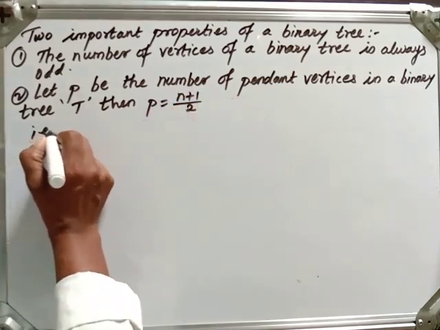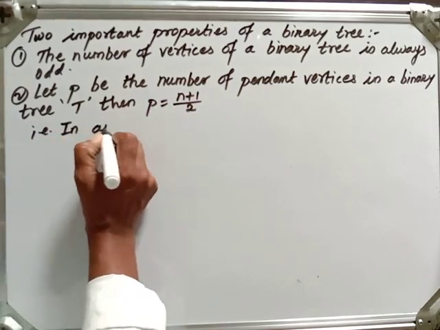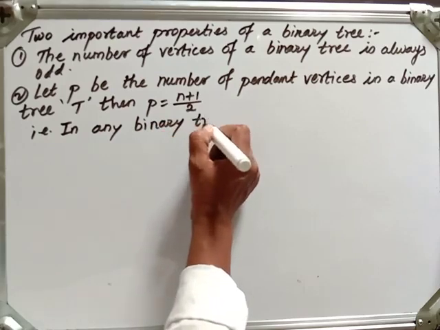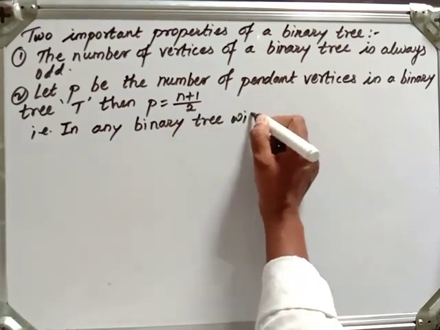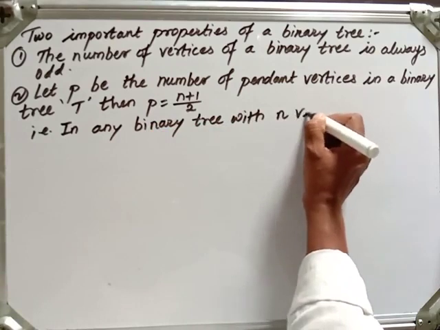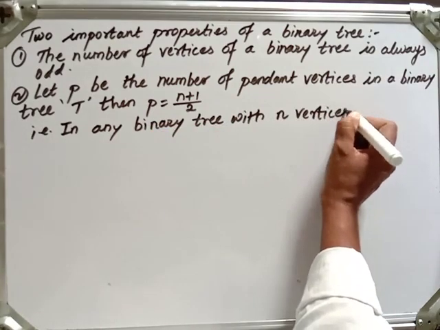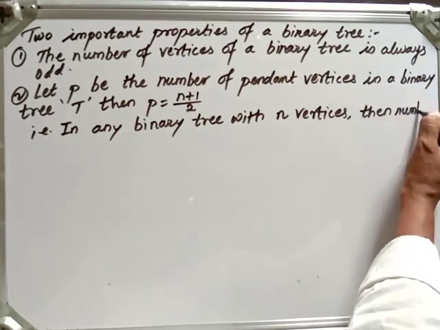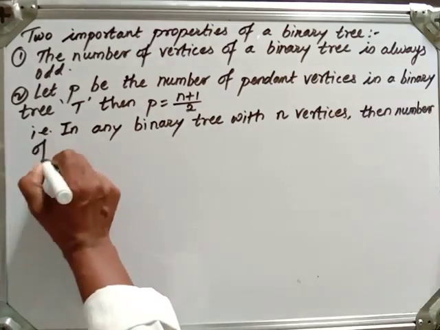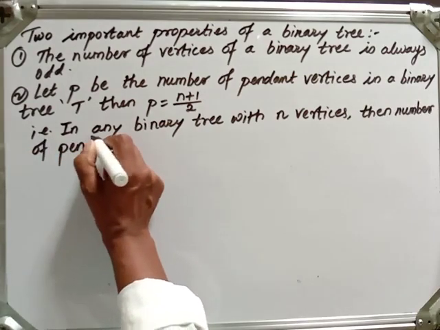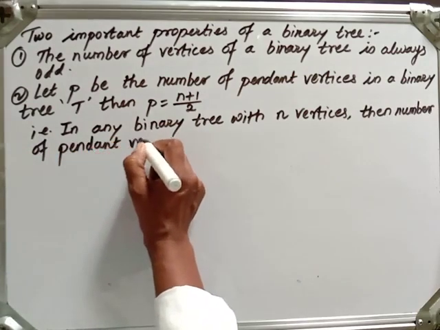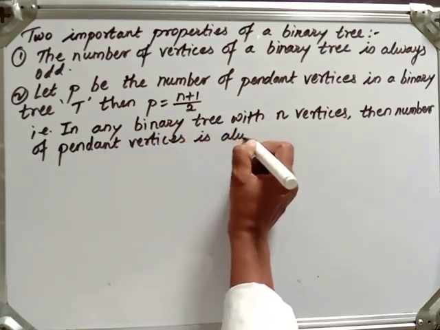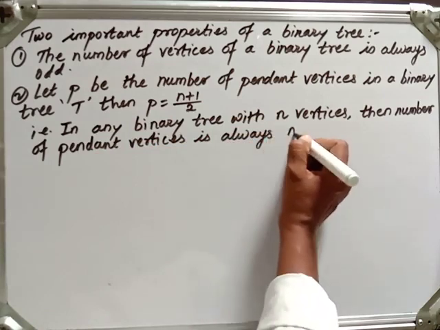That is, in any binary tree with n vertices, the number of pendant vertices is always (n plus 1) by 2.